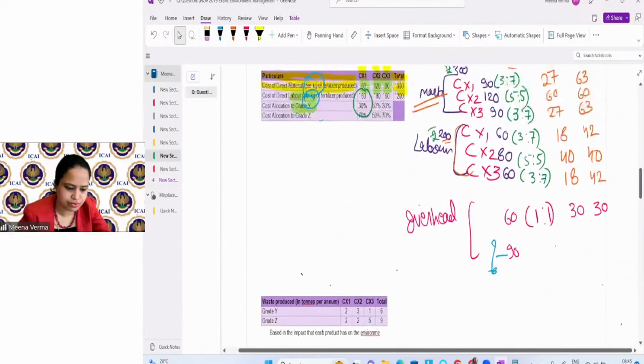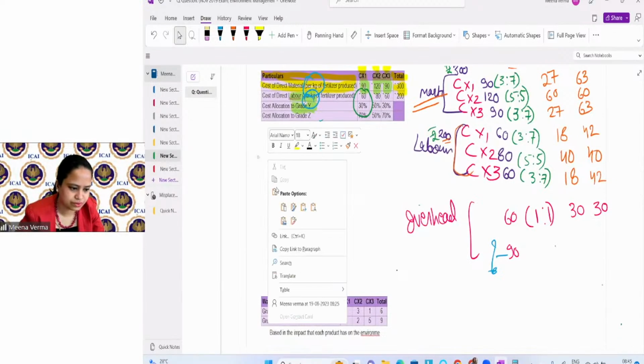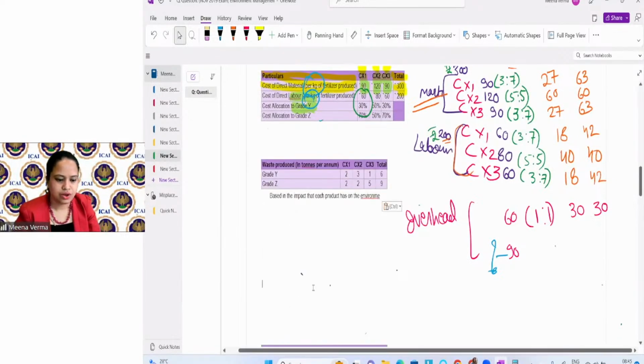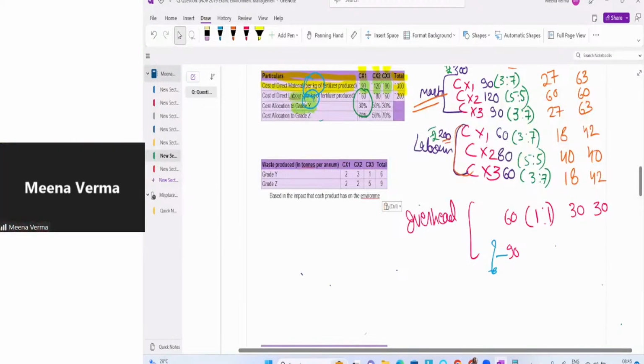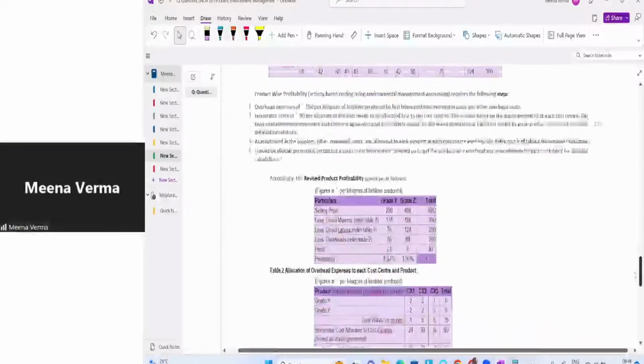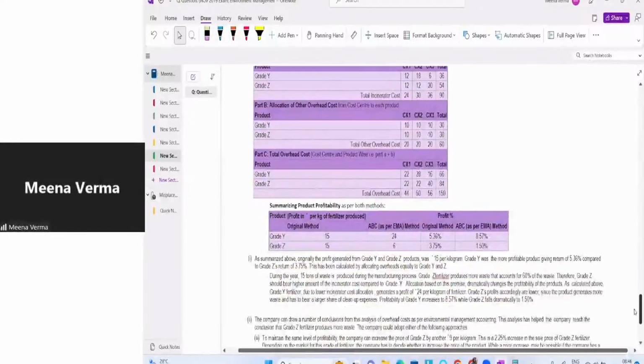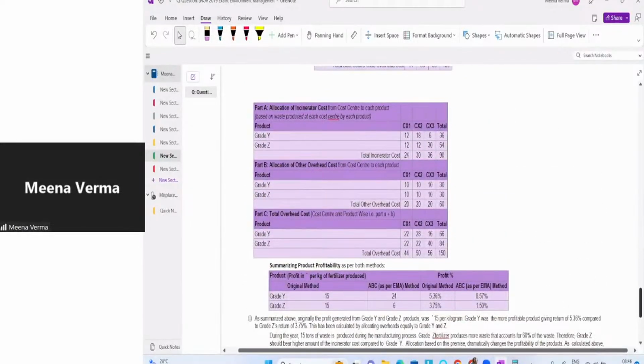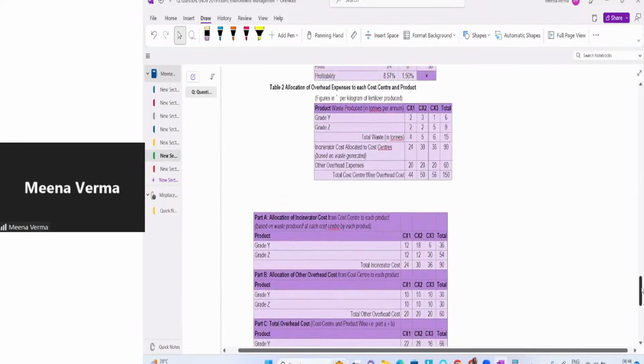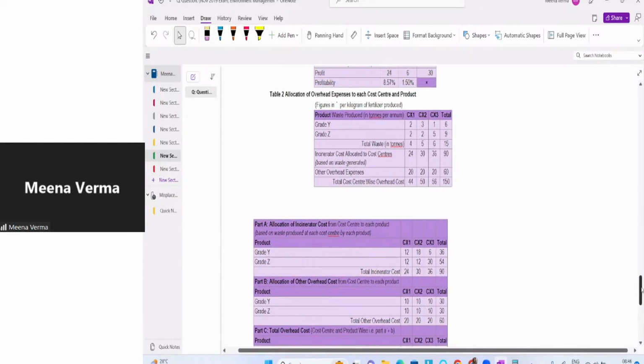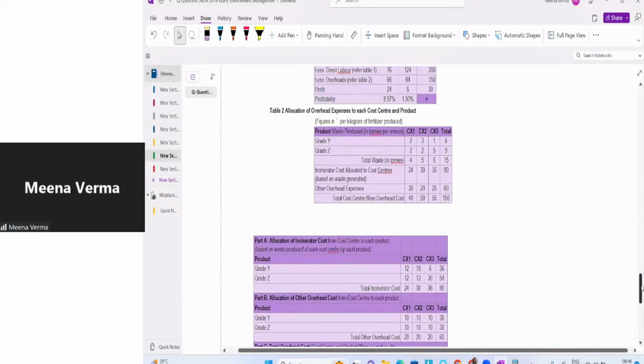So here we have to consider this to allocate the overhead cost of 90.